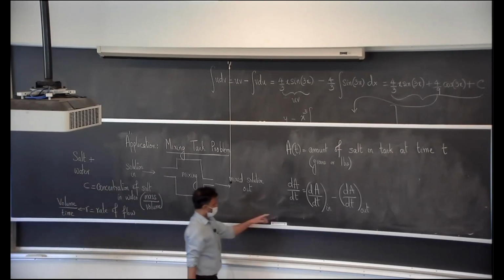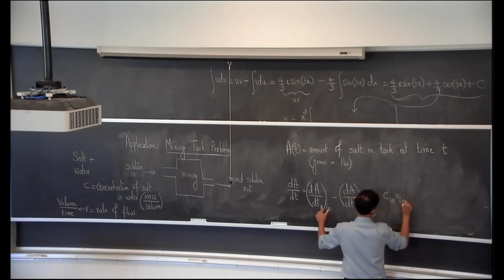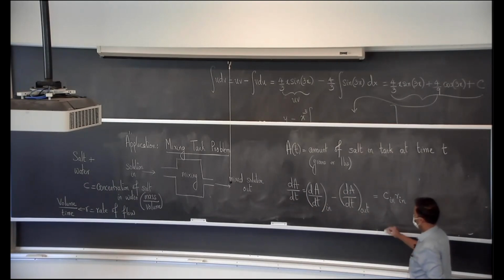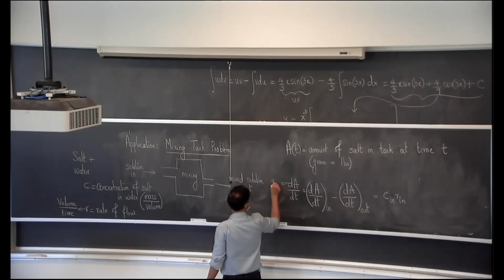So that is going to give a measure of how much mass is coming in per unit time. This is going to be equal to the concentration in times the rate in. Always check the units. This would be grams per minute, for example.